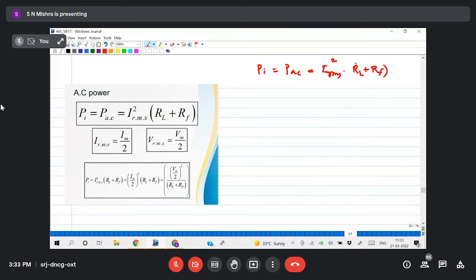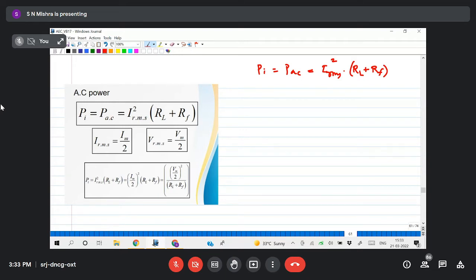You can take small r or capital R, no problem. Understood? DC is obtained only at the output, so we take only RL, and for AC the current flows in the entire circuit, so we take the series combination of diode resistance and load resistance.